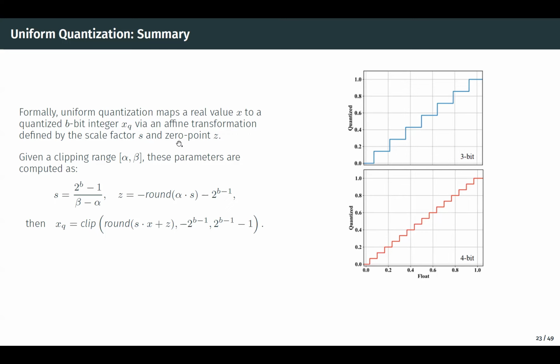We have a clipping range, which represents the dynamic range, and 2^B, with B being the bits we are using. So we can find the scale, and then the Z point is derived as this, and therefore we can have this. You notice if we change the number of bits, we have a difference in the step size. The more bits you have, the higher the resolution of this transformation.